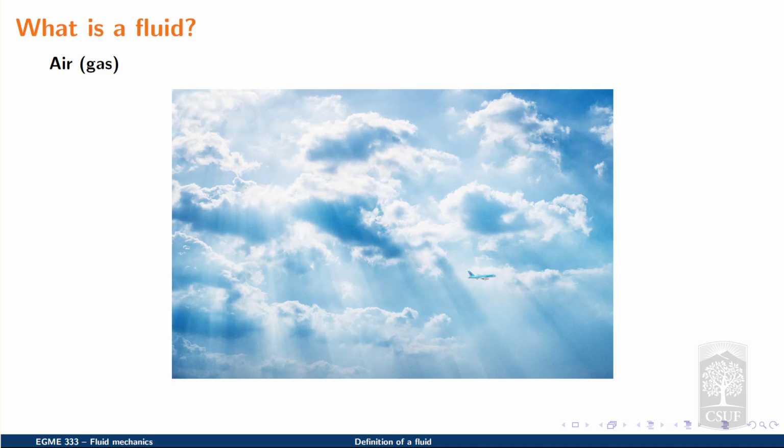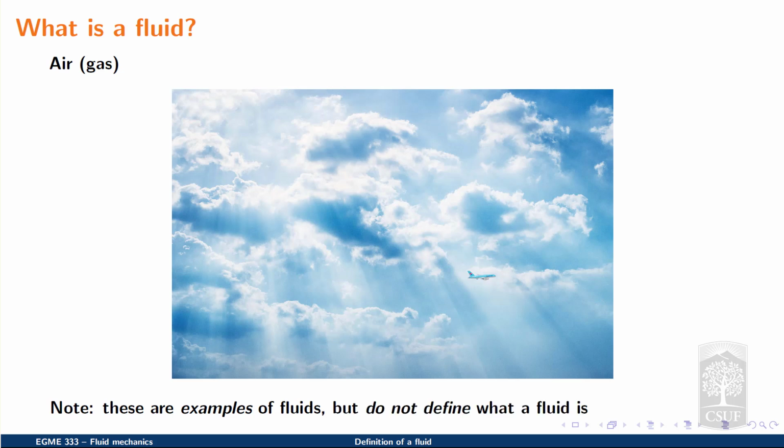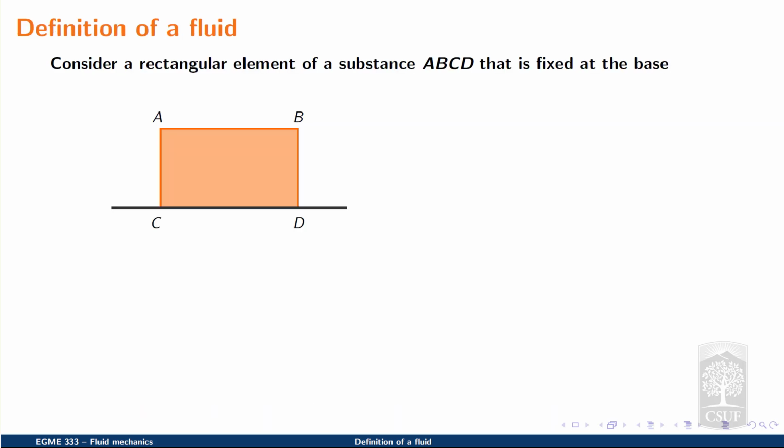Note that in these two cases, these are examples of fluids, but they do not necessarily define what a fluid is. So to better define what a fluid is, let's focus on the mechanical behavior of a fluid by first considering a rectangular element of a substance, which we'll label A, B, C, and D, where its base, CD, is fixed.